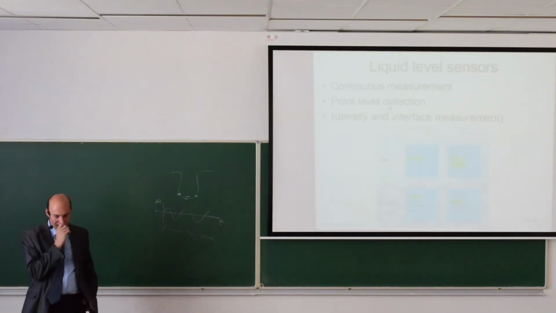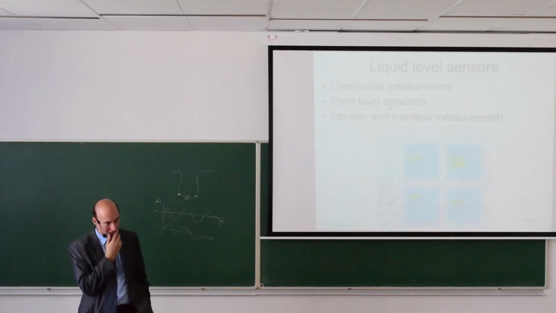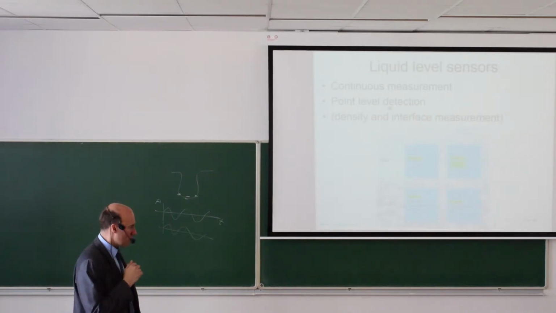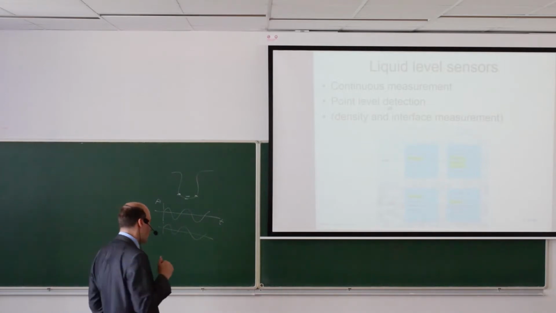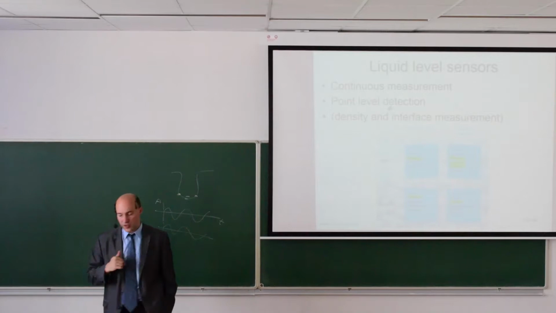But liquid level sensing is specific in that sense that we may have continuous sensors and we may have point level detection. This is very similar to position sensors where we had continuous sensors and proximity sensors.